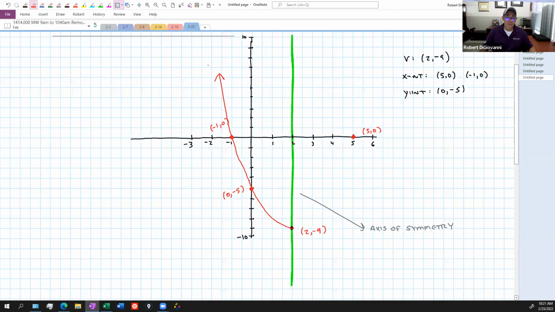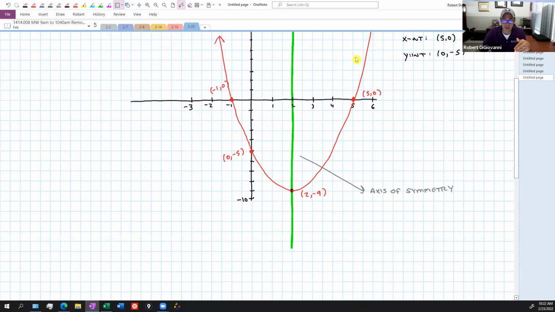Then I'll do my best to draw a mirror image of that on the other side. I don't want to do this, that doesn't look right. And I don't want to do this either. It needs to look like a mirror image. So you do your best, something like this. And that's it.